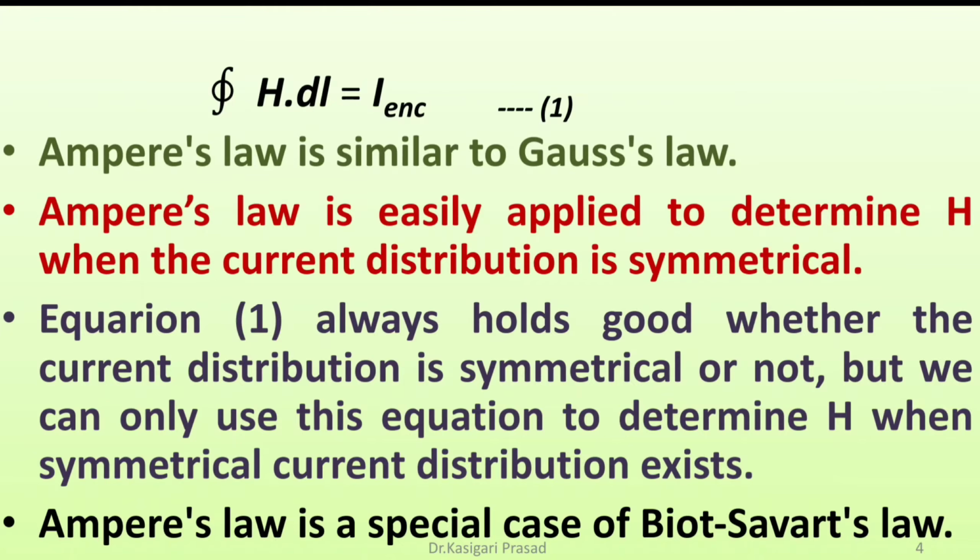Similar to Gauss law, only when a Gaussian surface exists can we apply Gauss law. Similarly, Ampere's circuit law is applicable if and only if an Amperian circuit is available. An Amperian circuit or Amperian path is nothing but a symmetrical current distribution. So, Ampere's law is a special case of Biot-Savart's law.